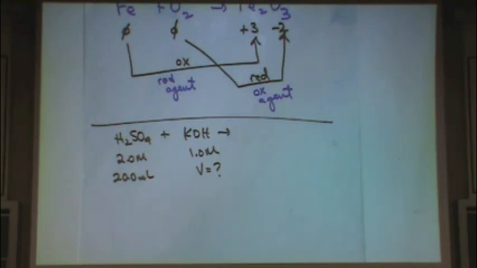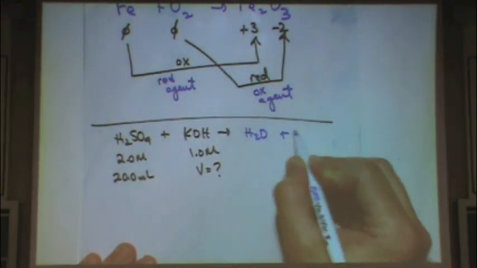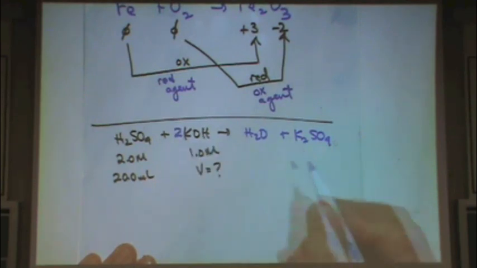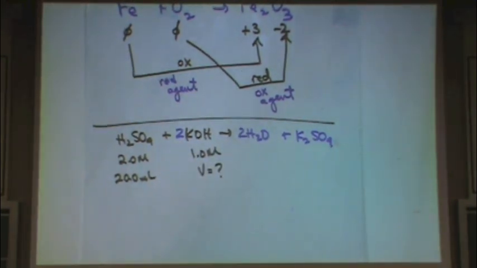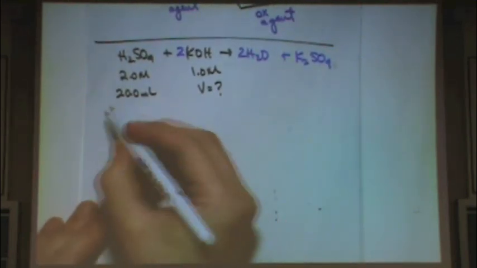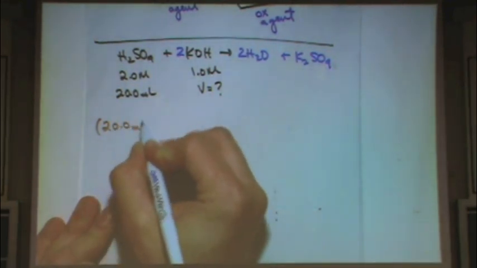First, I'd recommend balancing the equation, writing it out. So we'd have water and potassium sulfate. In this case, we need 2 there, and I think 2 waters will do it. All right, so for the first step, let's start there. You're going to take this, you're going to go 20 milliliters.